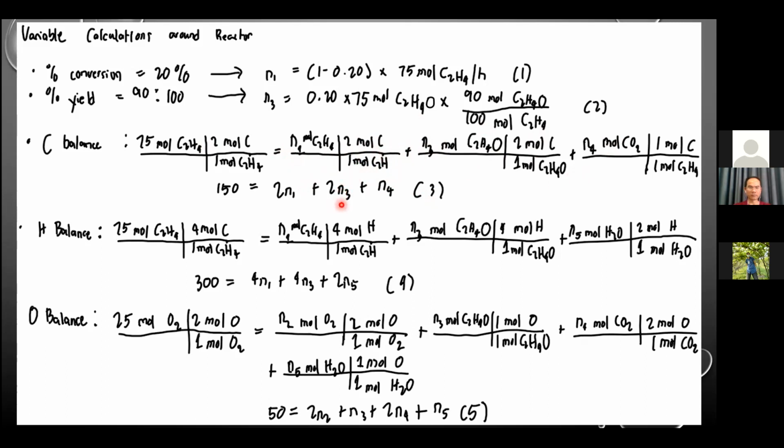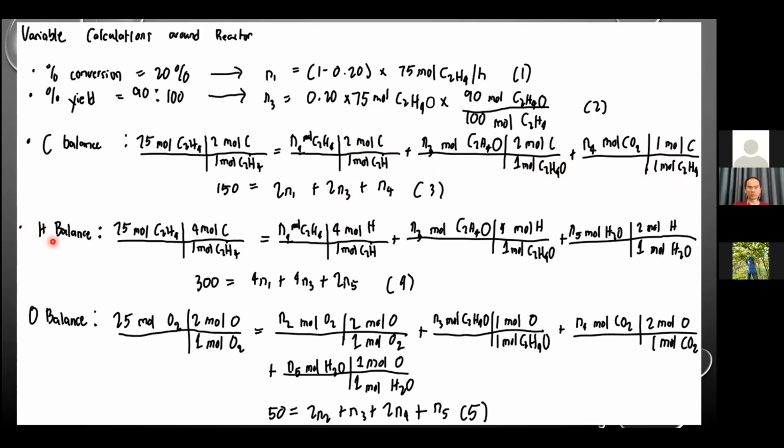So in N1 is C2H4, there are two carbons. In N3 is C2H4O, which has two carbons. And in N4 is C2H4, which has two carbons. We're just going to multiply and not solve, of course.